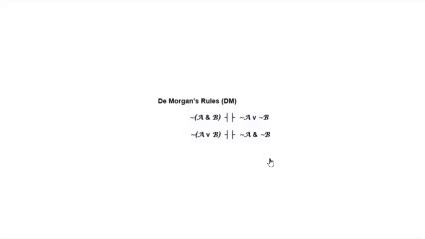So the first and probably most famous equivalence is called the De Morgan's equivalence, or sometimes De Morgan's rule. And they are very much reminiscent of the tree rules, but they go both ways. So what does that mean?